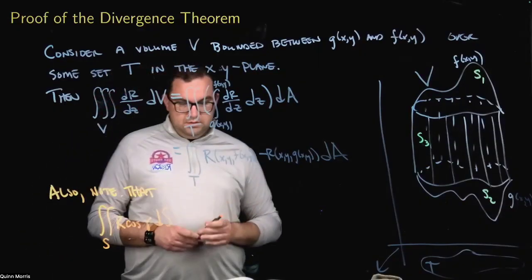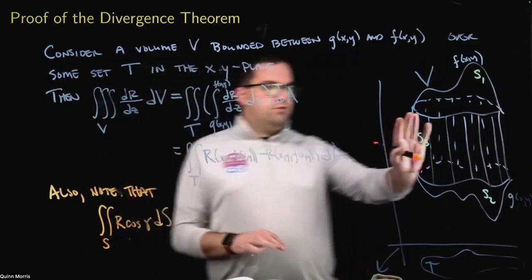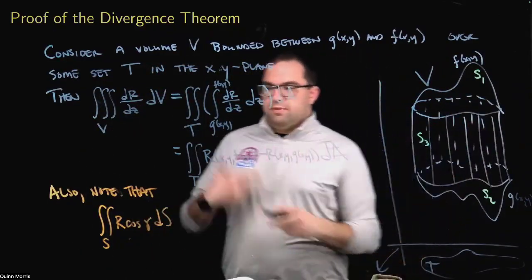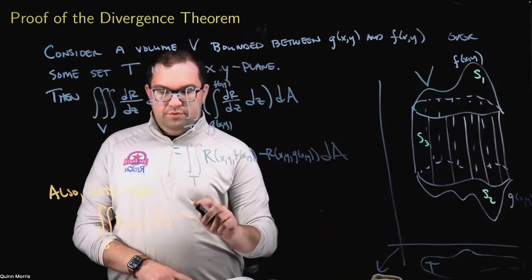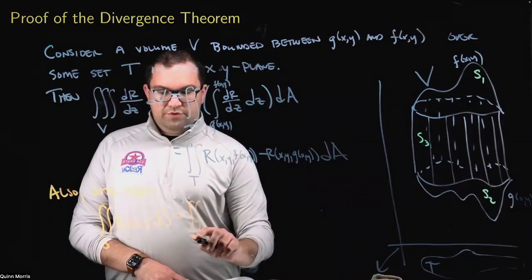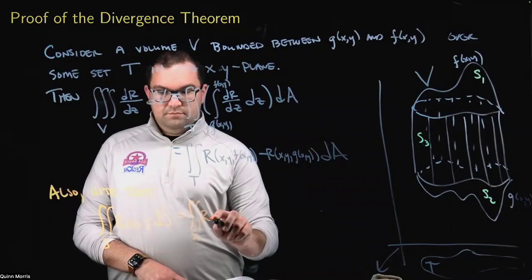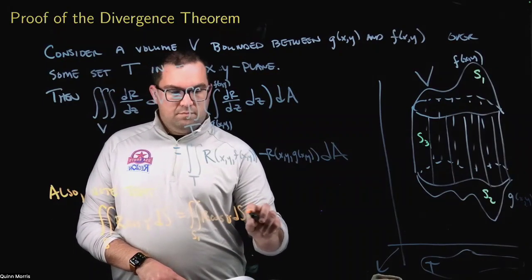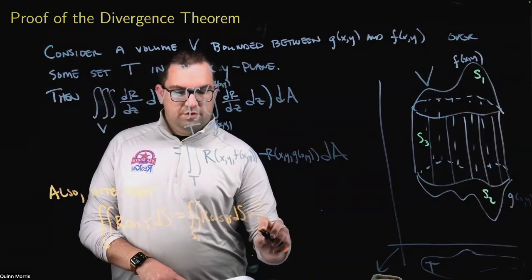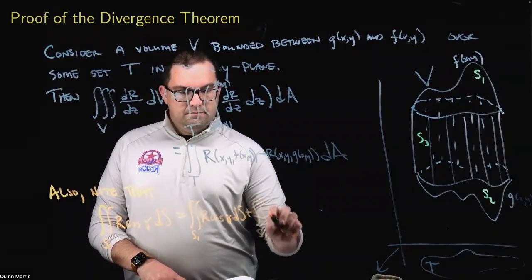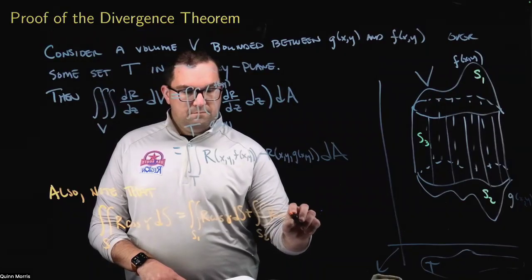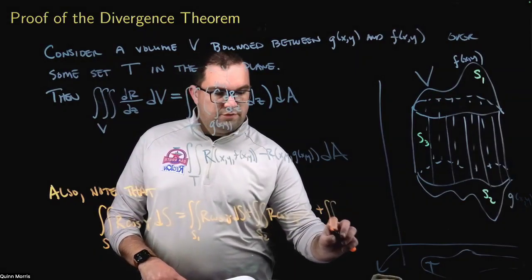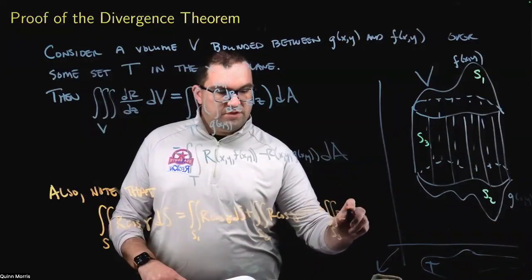Now, it's a surface integral. Remember, we're taking it over this whole surface, so top, bottom, sides. But I can break it up into a surface integral over the top plus a surface integral over the bottom plus a surface integral over the sides.